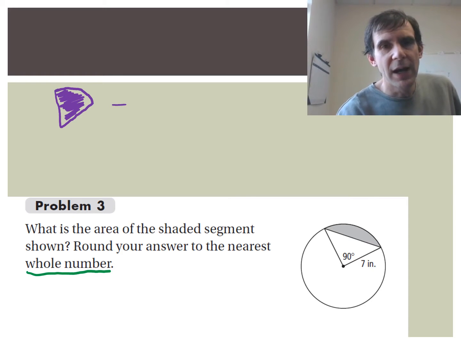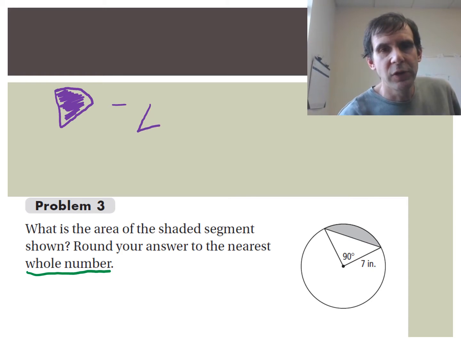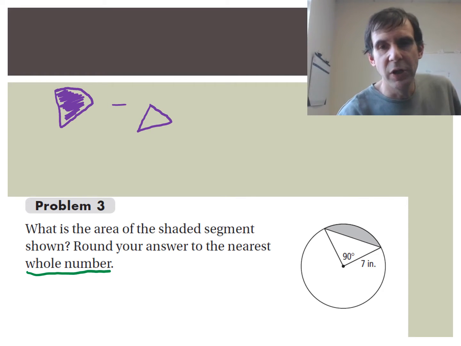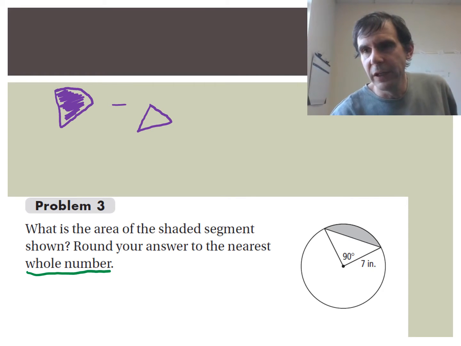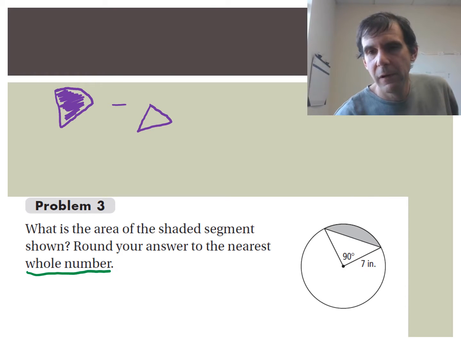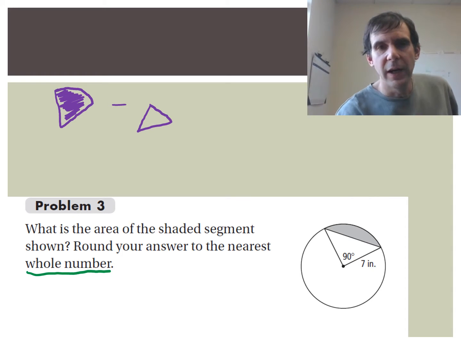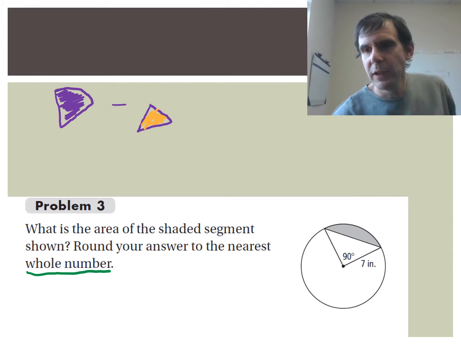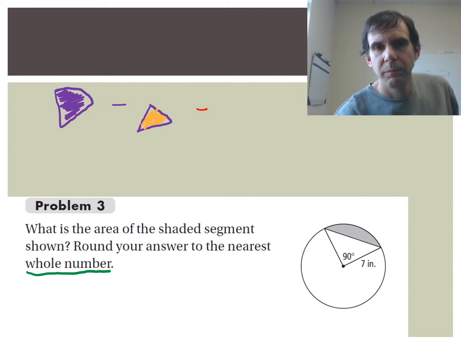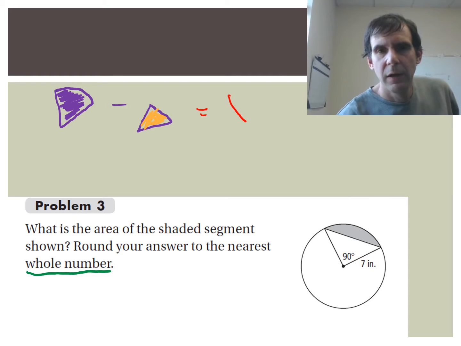And then we want to subtract out the area of the triangle that is part of that sector, but not part of the segment. So there it is right there. So we want to subtract that out, and then we're going to be left with our segment.